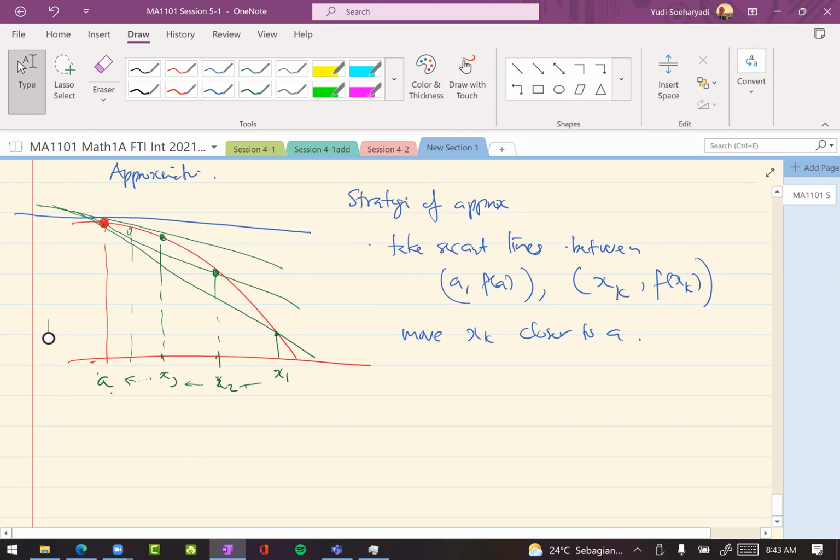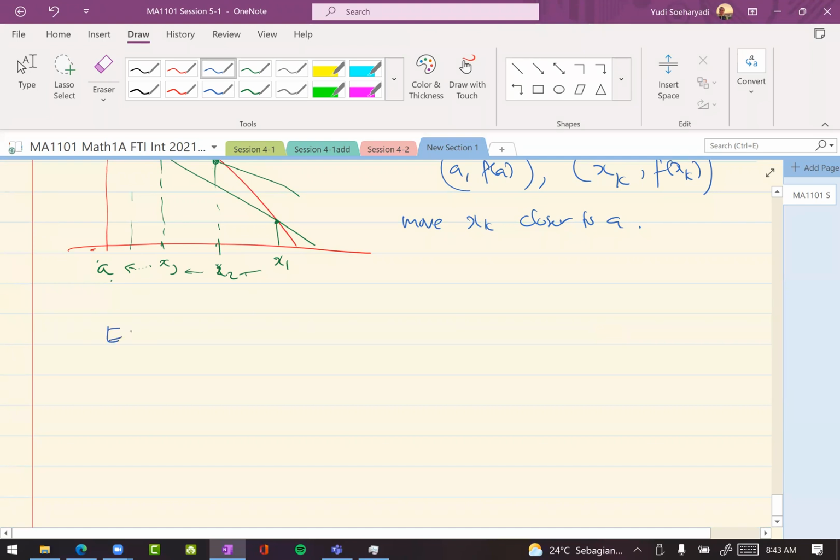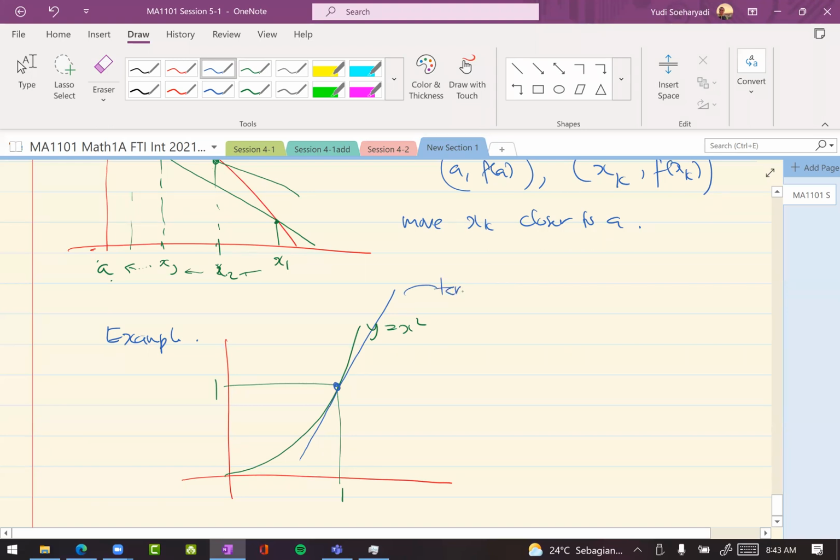Okay, so how do we do this one? Let's compute one example. Let's just do some easy thing, x squared. That's just the easiest thing. We need to compute this tangent line, compute the equations.